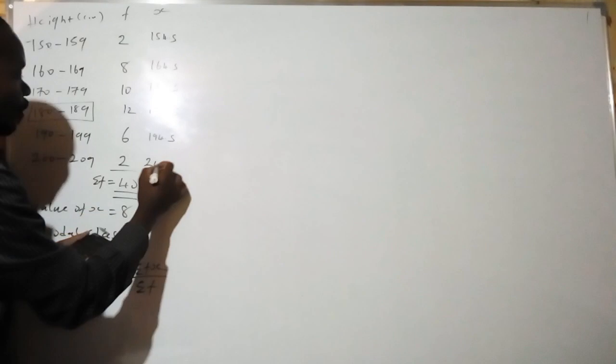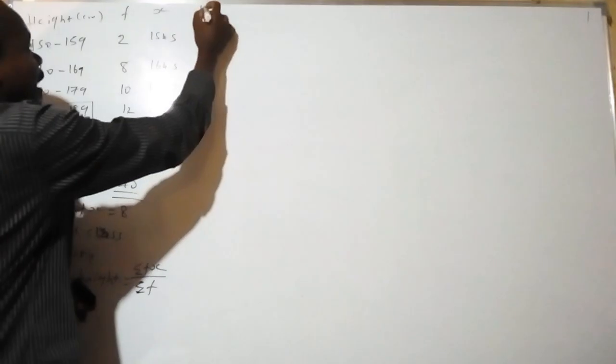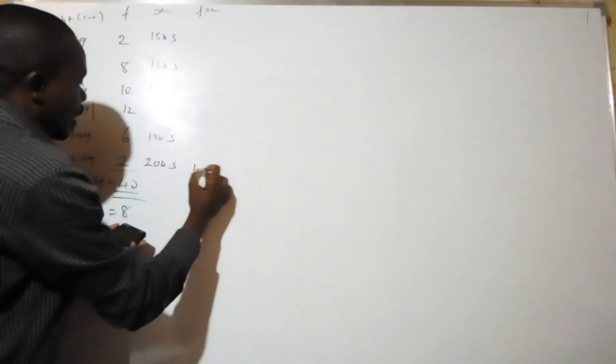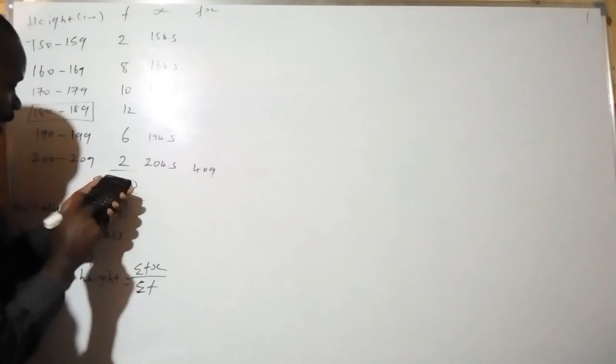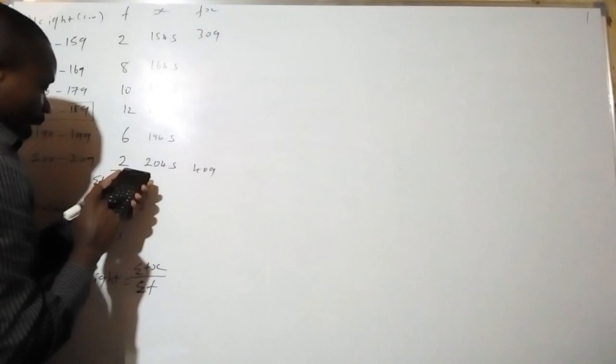But from the formula, we are supposed to get the summation of Fx. It means we are going to multiply F and X, Fx. You can start with this, times 2. We get 409. 154.5 times 2, 309. 164.5 times 8, we get 1316.